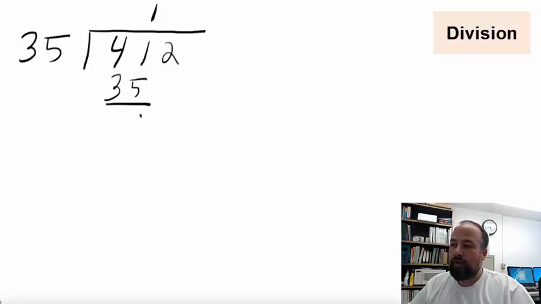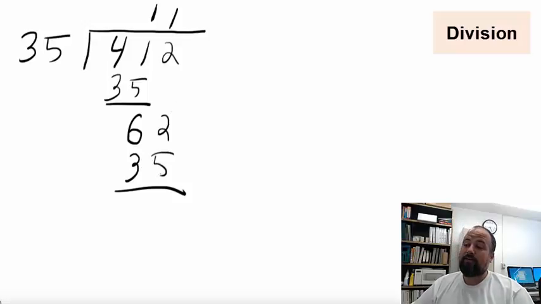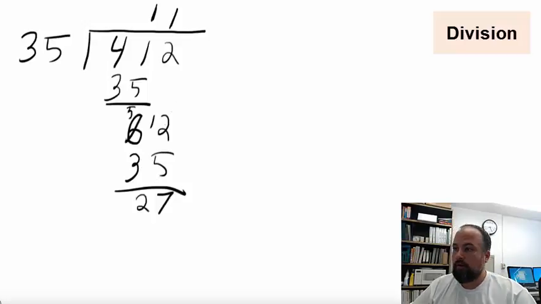Subtract that, we end up with 6. Bring down the 2. 35 goes into 62 1 time. 1 times 35 is 35. Subtract, we get 27. So it is 11 with a remainder of 27.